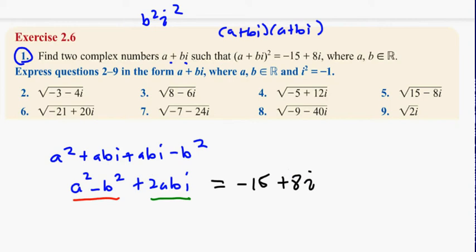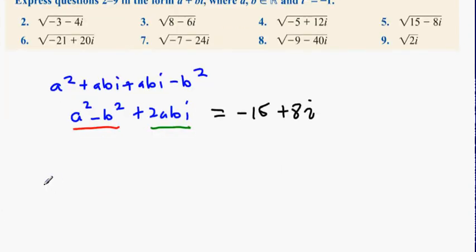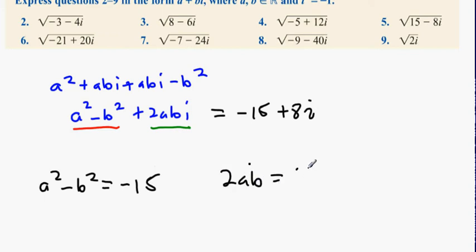So we have an equation here. So we can have a squared minus b squared equals minus 15, and we have 2ab equals 8. Okay, so what we can learn from this is that if we divide by 2a, we can get that b equals 8 over 2a, or simply 4 over a.